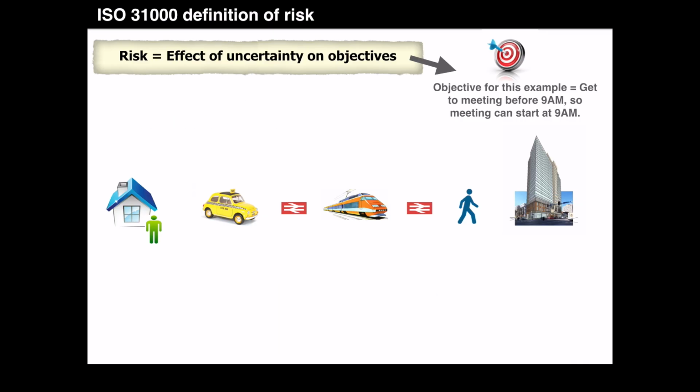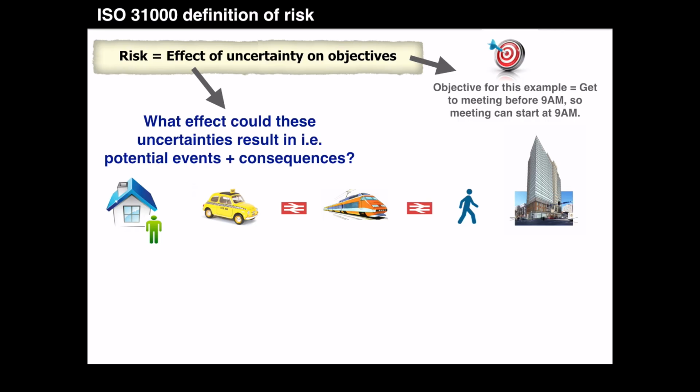Now let's understand the third concept of the risk definition, which is the effect of uncertainty. Effect of uncertainty can be expressed as potential events plus the consequences of such events. So let's look at each uncertainty and what potential events and consequences could result from these uncertainties.